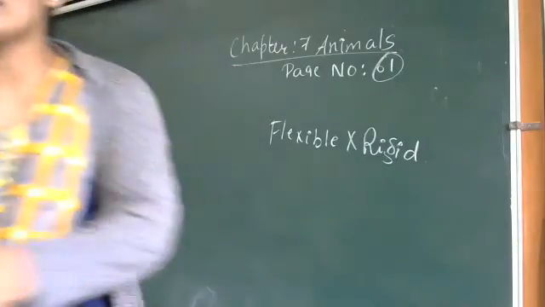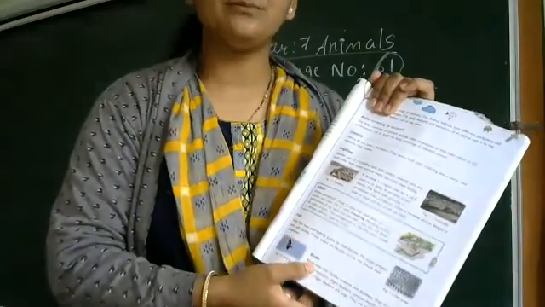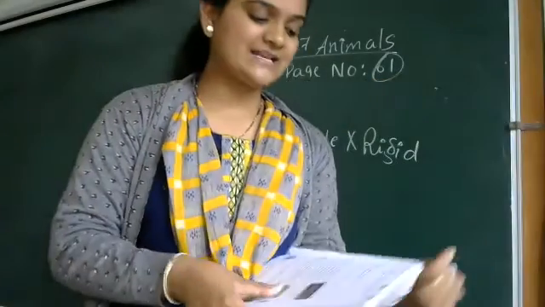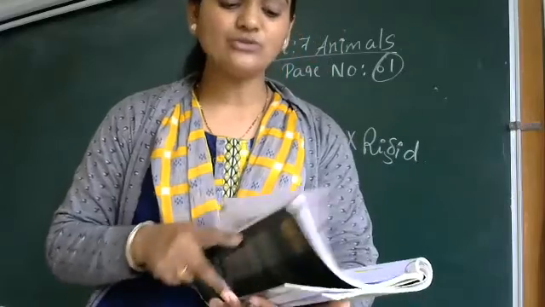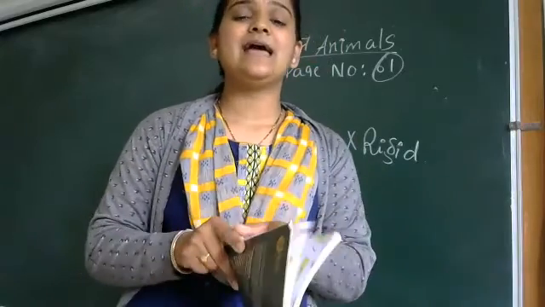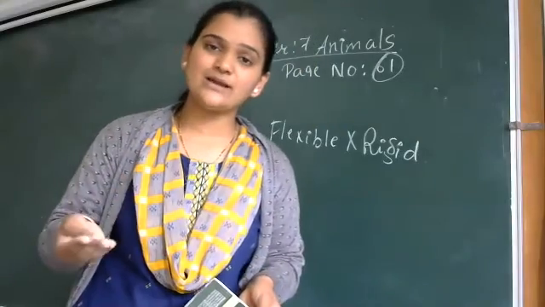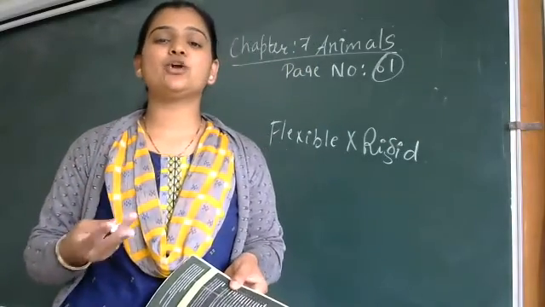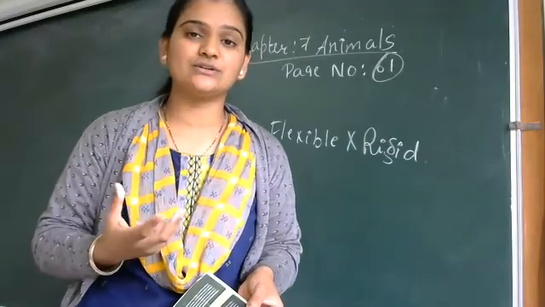So tomorrow we will look at fish, birds, mammals, and the next part is movement in animals, how movement is possible in animals. We all know that animals can move from one place to another, whereas plants cannot move. They can show only the movement in their growth.